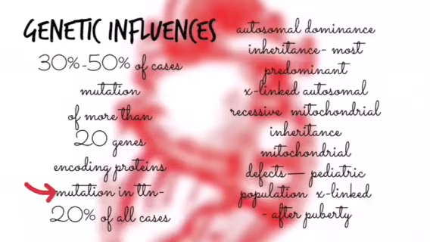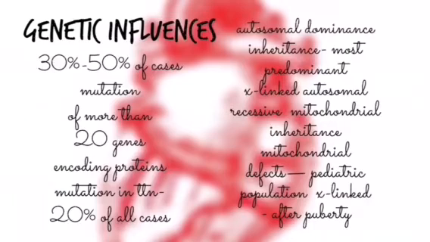The mutation in the TTN gene accounts for about 20% of all cases, and autosomal dominant inheritance is the most predominant cause. There is also autosomal recessive, and mitochondrial inheritance is also there. Mitochondrial defects are found in the pediatric population, while X-linked defects are found in the population after puberty. Okay, only a few points are there.